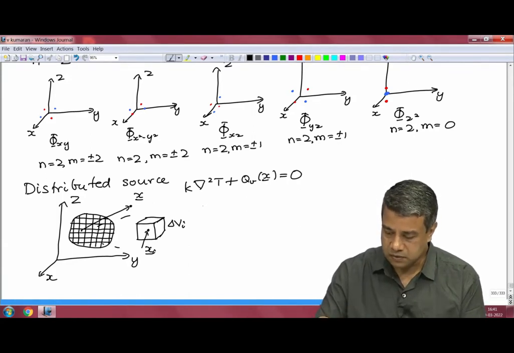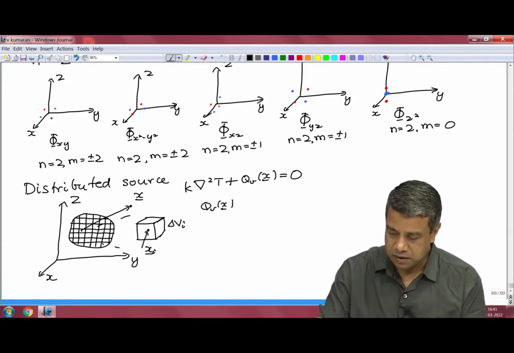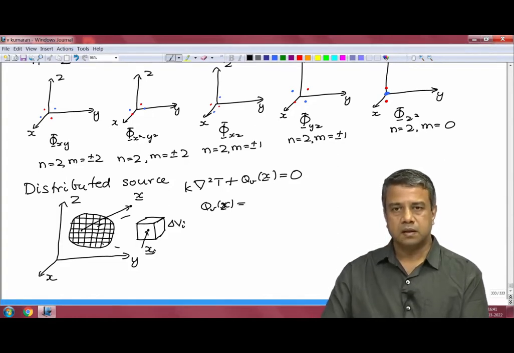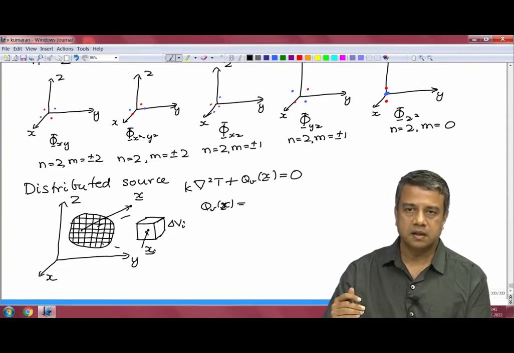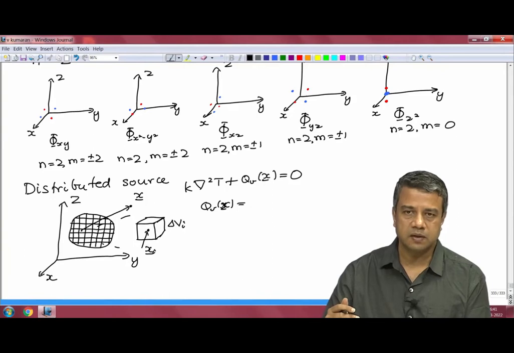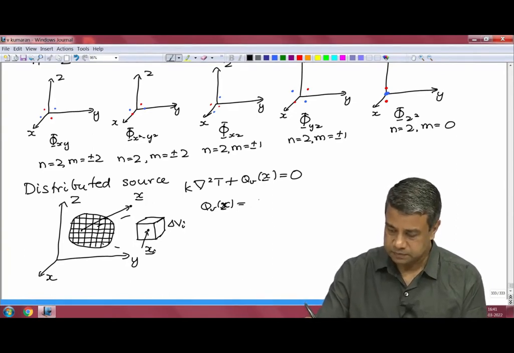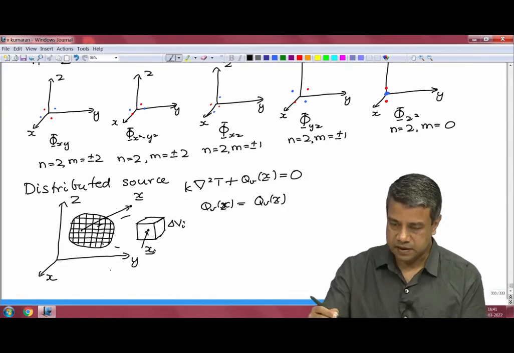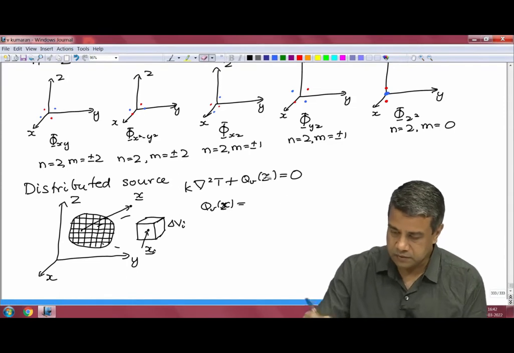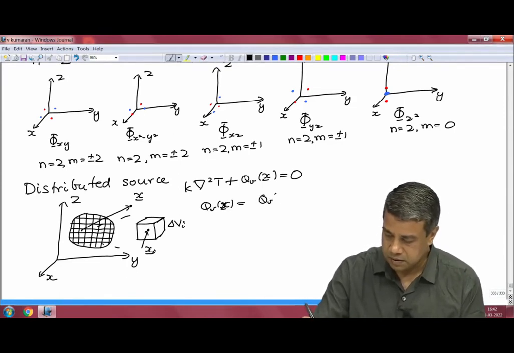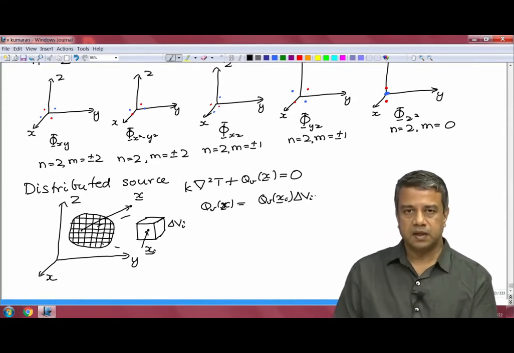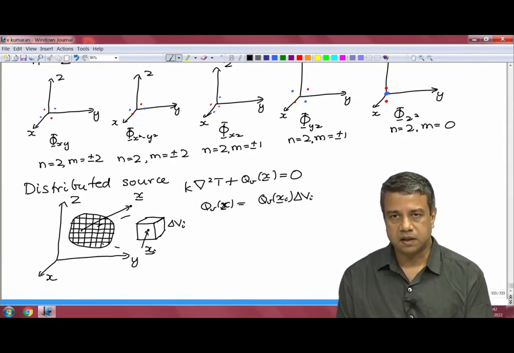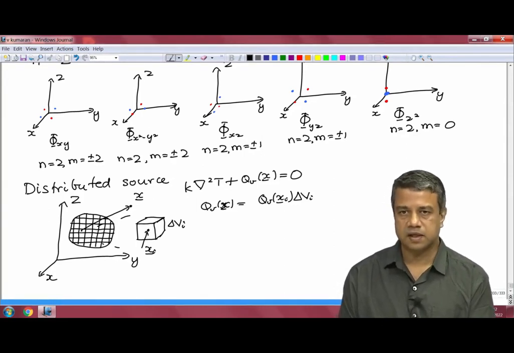Therefore, I can consider QV to be what is the source strength at that particular location. The amount of heat generated per unit volume per unit time is QV of xi at that location, times the volume, which gives me the amount of heat generated per unit time within that volume.